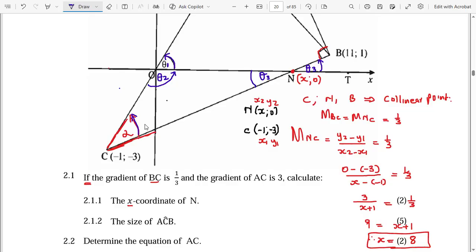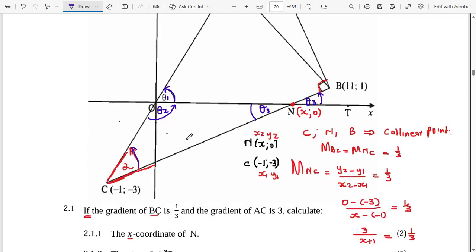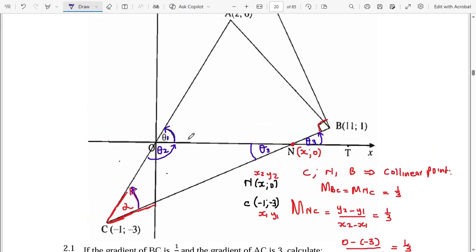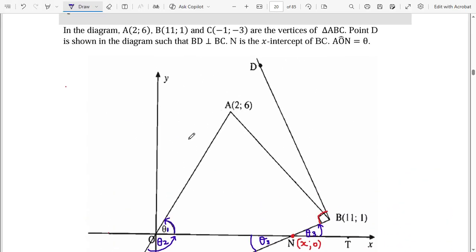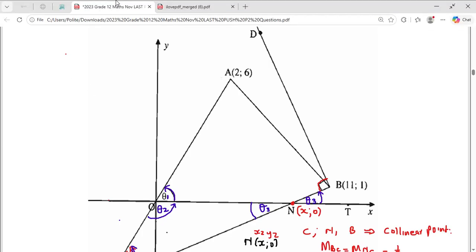Okay, so first things first, I need the gradient of AC to find theta 1, which is the angle of inclination. Remember, let me write this down.